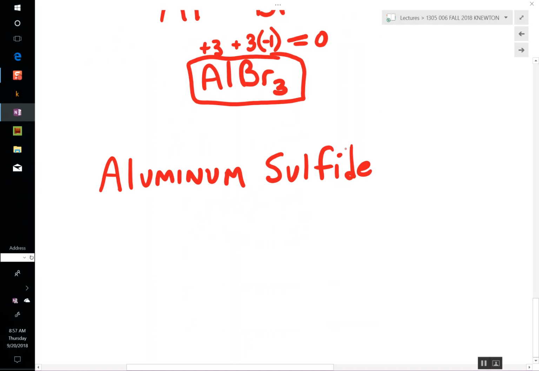Aluminum sulfide. And this is the way it'll come at you. It'll say, give me the formula for aluminum sulfide. What is the chemical formula for aluminum sulfide?